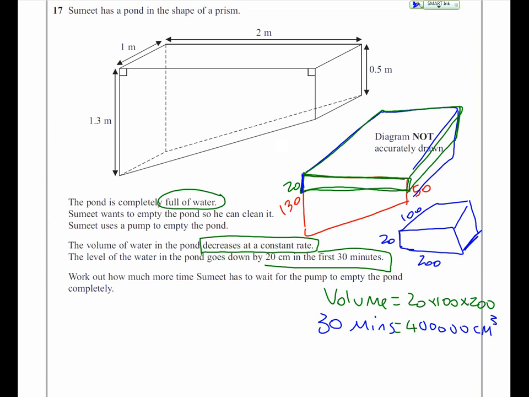Work out how much more time Sumit has to wait for a pump to empty the pond. So what we need to do is we need to think about the rest of the pond that's still filled up after 30 minutes, which gives us quite a tricky shape to work out. Okay, so I don't want to confuse you here with this one. Let's draw it again.